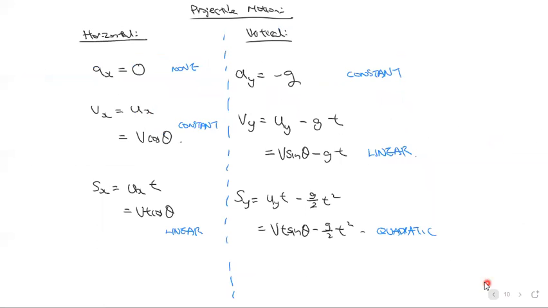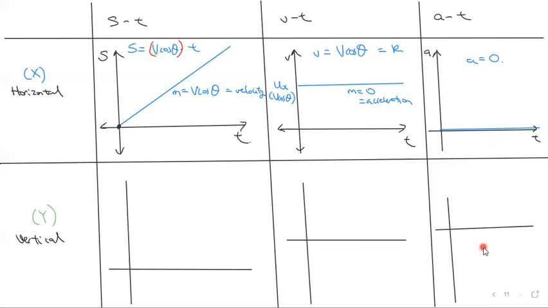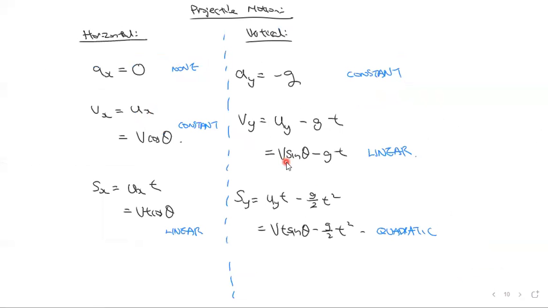So the vertical, we have acceleration is negative g. Keeping in mind that it's negative, we'll need to draw a line like that. And remember, this a equals negative g. All right, and with that in mind, we understand that your initial velocity is v sine theta.